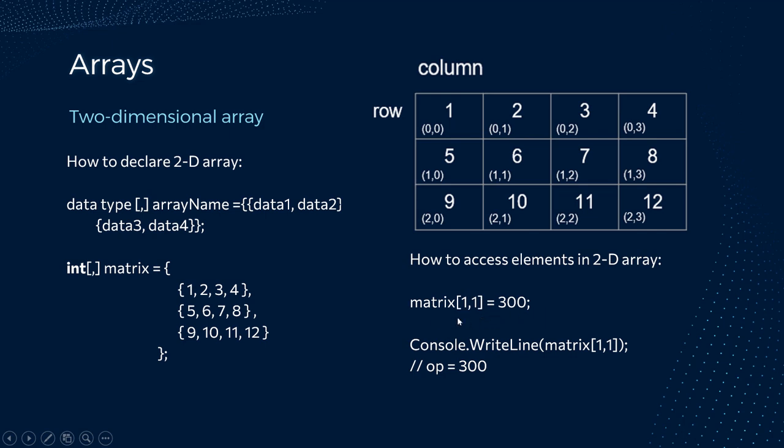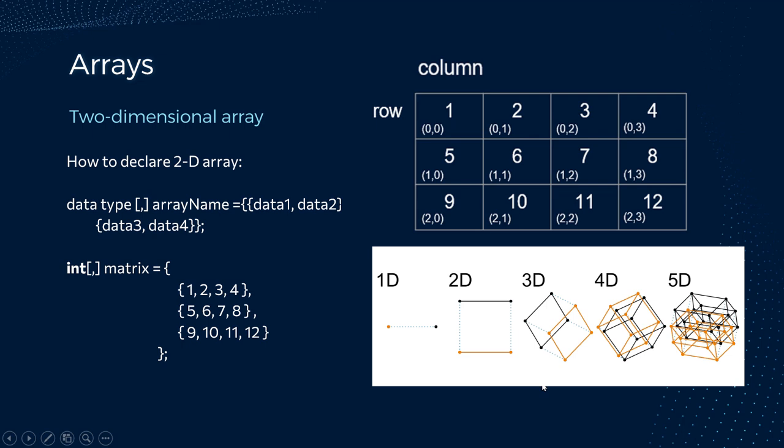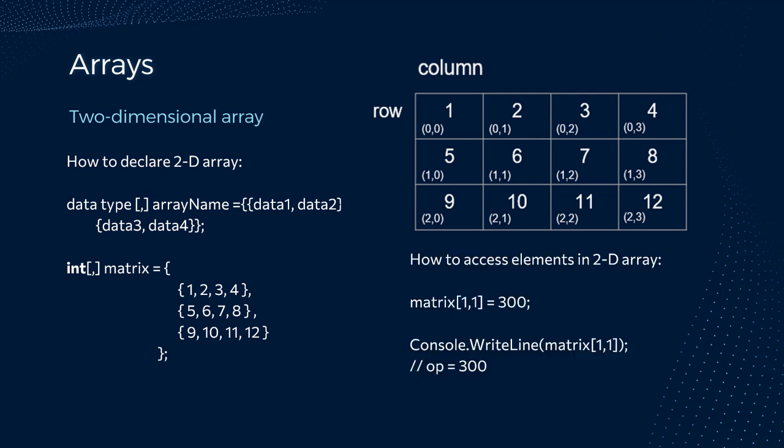So in this way we can assign or access the array element, and here you can print it out also. So this is all about the 2D. We have multi-dimensional array, so we can have like 2D, 3D, 4D, 5D, and basically ND you can say.